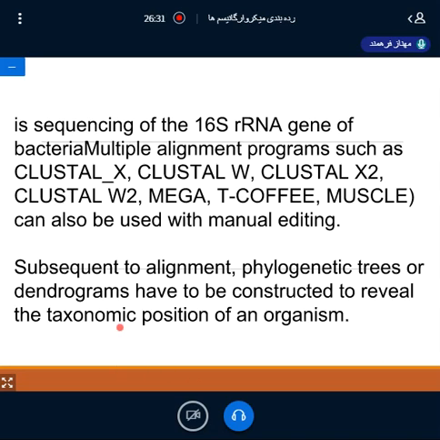Subsequent to alignment, phylogenetic trees or dendrograms have to be constructed to reveal the taxonomic position of an organism.